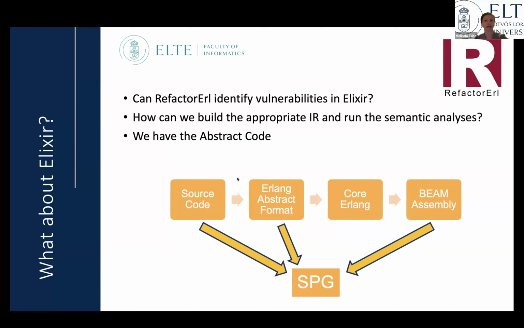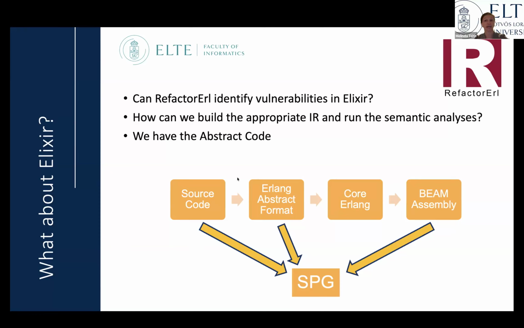We build the syntax tree directly from the abstract code, and then we can apply the same semantic analysis that we designed. Since it's an Erlang syntax tree, the semantics is the same as when we build it from the source code in the case of Erlang applications. So we can apply the same semantic analysis on it that is already implemented in RefactorErl.